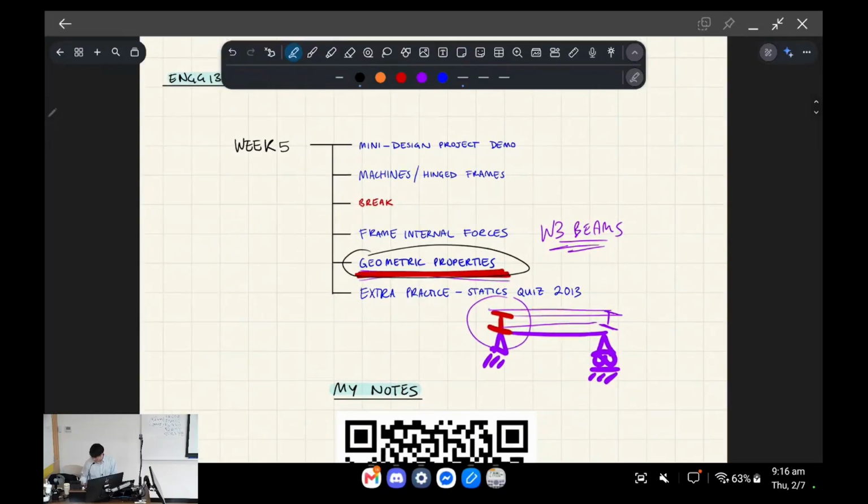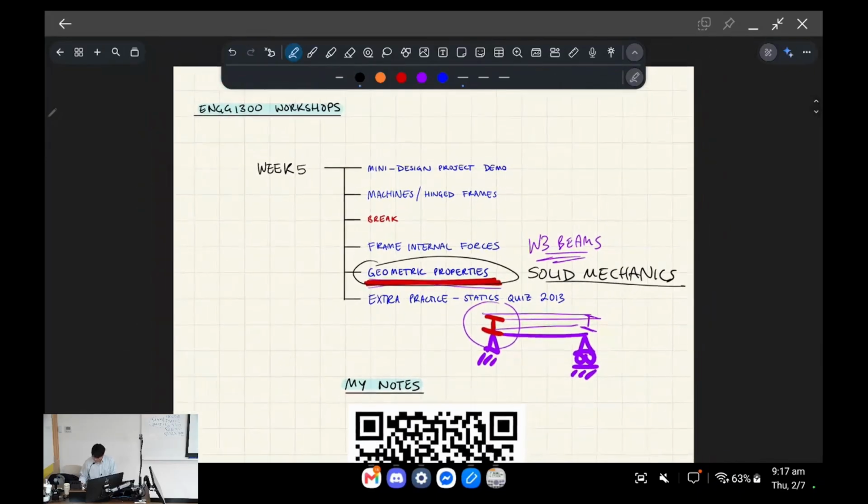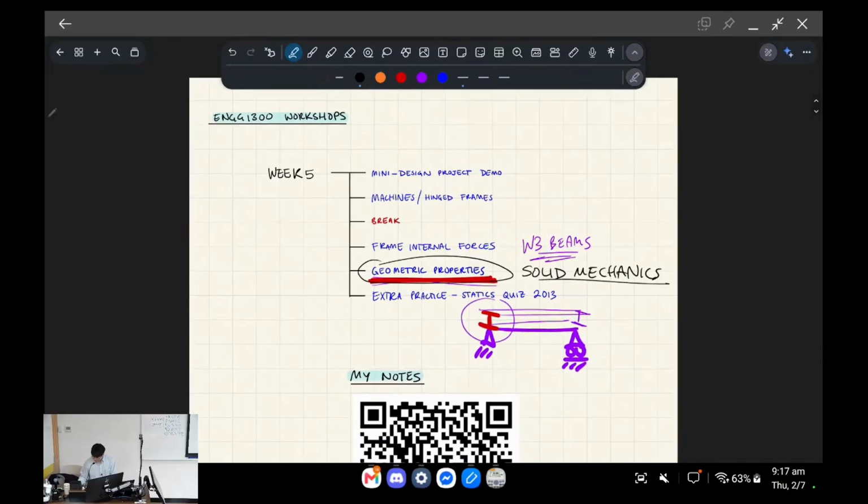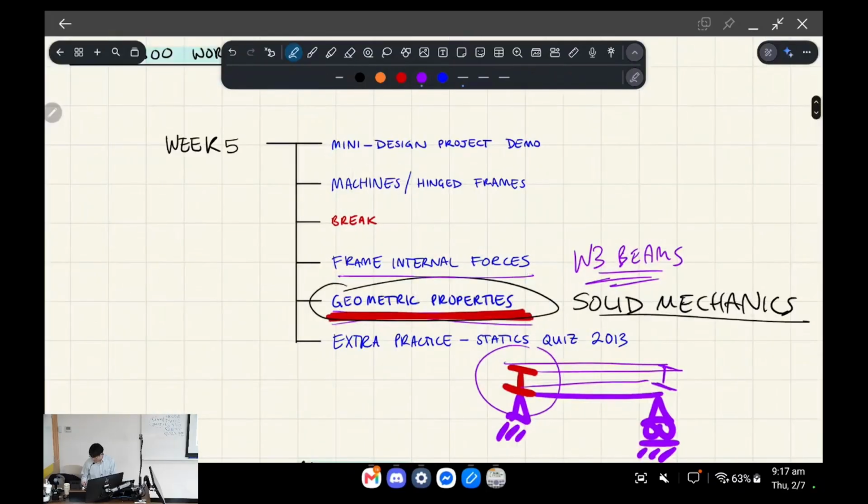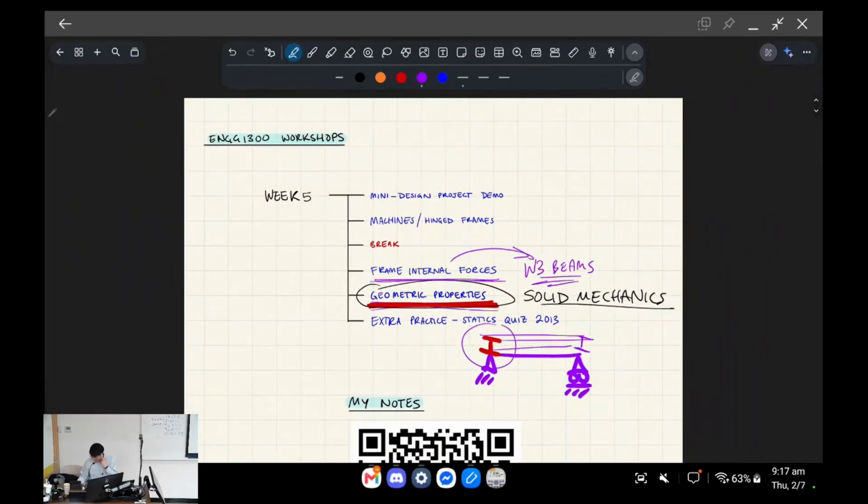It's an introduction to solid mechanics, which you will be doing in second year. And what I was saying with frame internal forces is it builds off of the week 3 topic.